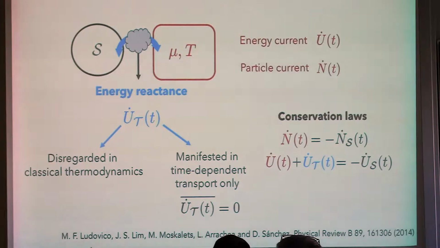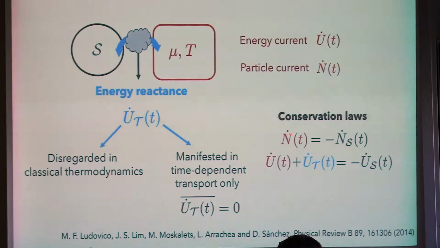So let me explain it. Imagine that you have a nanoscale system denoted with this circle here and this S in black, and that is coupled to some macroscopic reservoir at a fixed chemical potential and a fixed temperature. And let's focus first on the exchange of particles. At the level of the conservation law, we know that all the electrons or particles that are leaving the nanoscale system will enter the macroscopic reservoir, so that we have this conservation law.